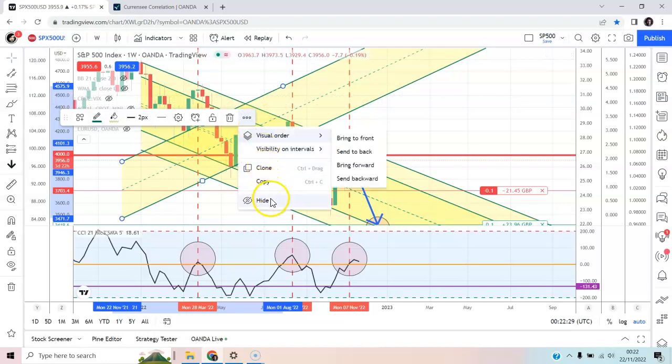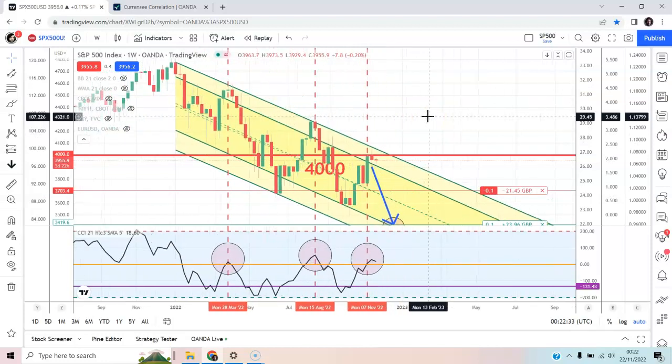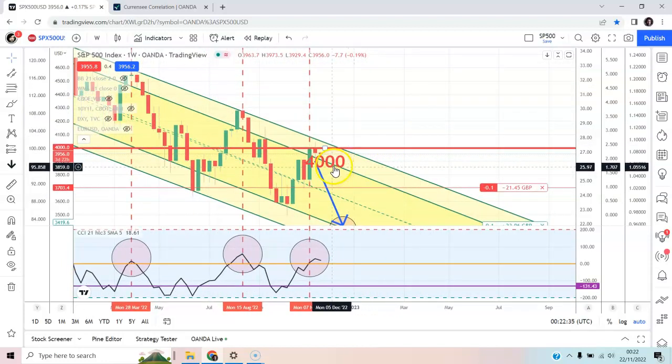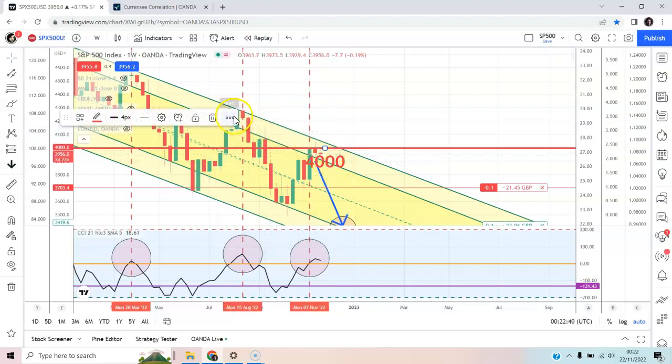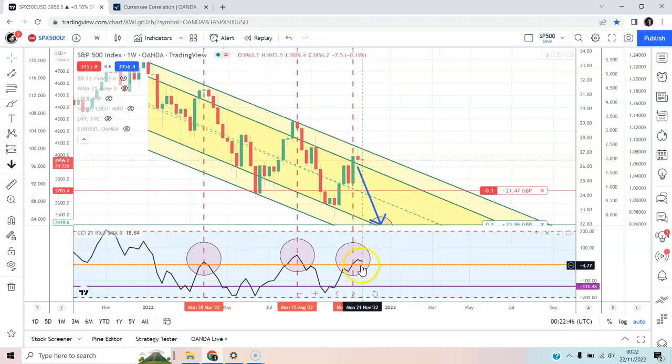I'm just going to hide that. There we go. How we have this situation where a technical setup can really manifestly, almost obediently, follow the trend, or the trend rather following the technicals. And most of all, this arrow has now been in place for a couple of weeks, I think, probably longer.